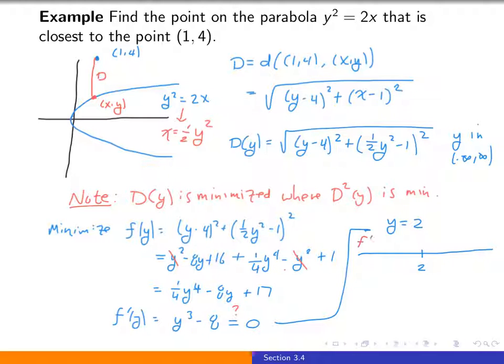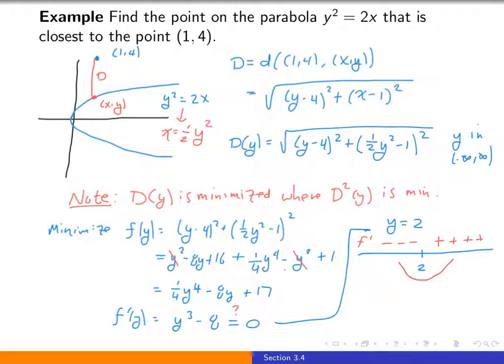So we need to think about the sign of f prime. A test point to the left of 2 would be 0. 0 cubed minus 8 is negative. A test point to the right of 2 would be 3. And see here, 3 cubed minus 8 is definitely positive. So in terms of our function, we are decreasing everywhere to the left of 2 and increasing everywhere to the right of 2.